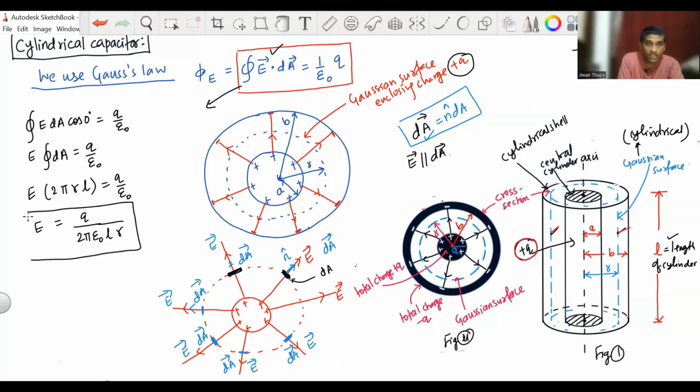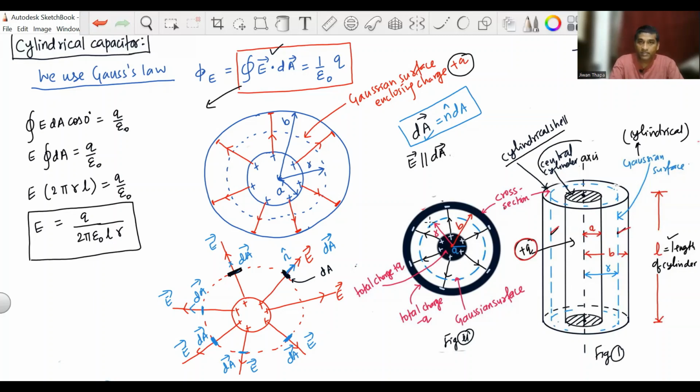So this is the electric field between the cylindrical cell and central cylinder. Electric field is directed from the central cylinder towards the cylindrical cell. We need to understand this. Clear?